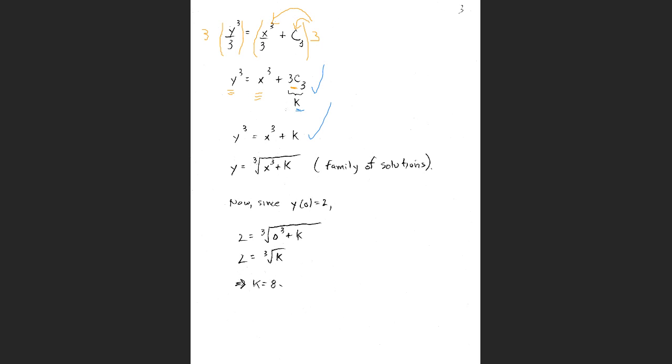Now I'm going to take the cube root of both sides. I'm raising both sides to the 1/3 power so I can isolate y. Y cubed raised to the 1/3 power, you multiply the exponents, 3 times a third, is equal to y. And so I end up with a family of solutions.